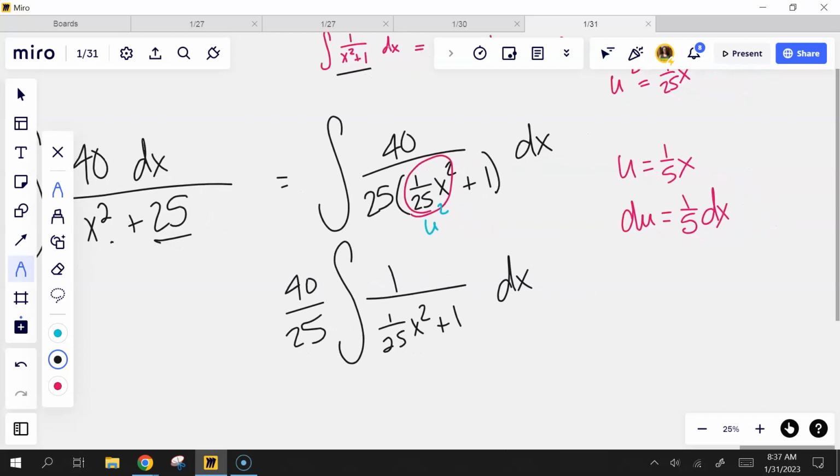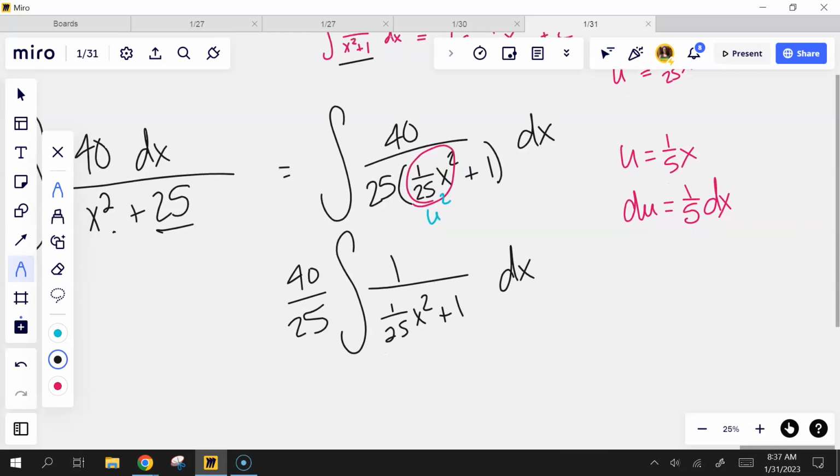I realize I'm going around my thumb here, but I'm trying to take you through my thought process. So now if I let u be 1/5 x and du is 1/5, that means I'm missing a 1/5 here, right? I need a 1/5, which means I need to counter it out here with a 5. Now I'm set up.